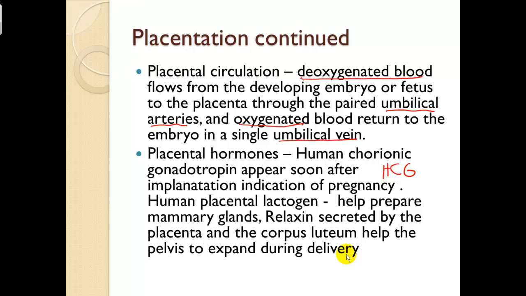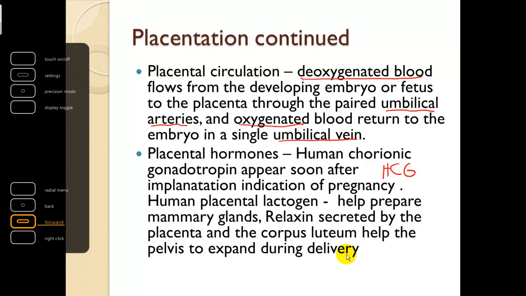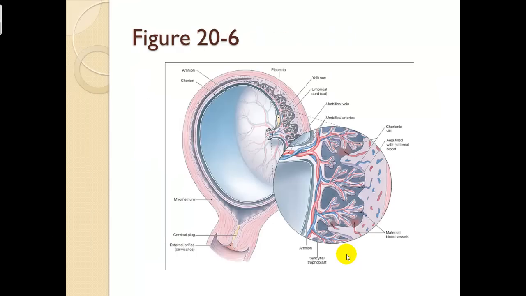Human placental lactogen helps prepare the mammary glands. Relaxin is secreted by the placenta and the corpus luteum and helps the pelvis to expand during delivery. All of these give chemical signaling to expand, continue development, and make sure that you have ample blood supply. All of these are giving the same signal to the uterus area.